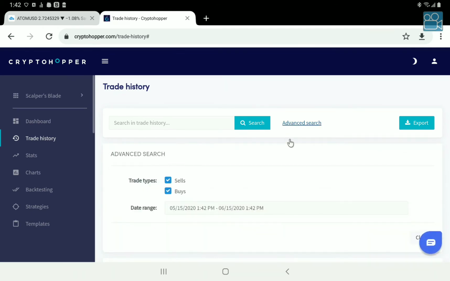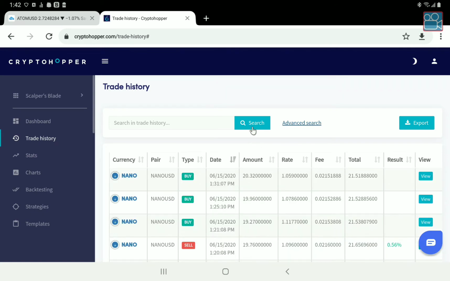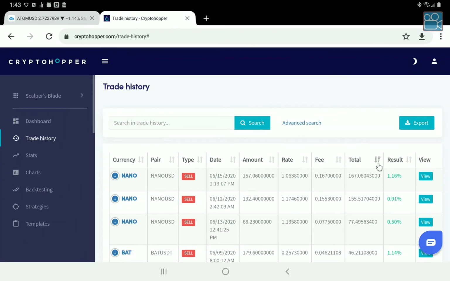Let's simplify this. Take out all of the buys, so that all we see is just the sells. And you see each of my situations. Now let's click on total. Here's my largest one to date.